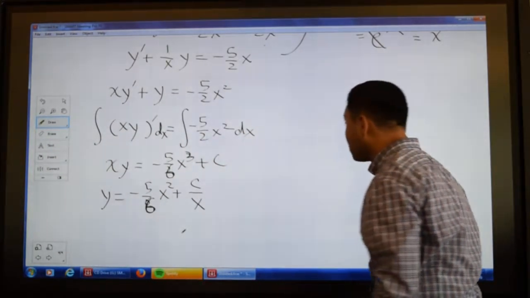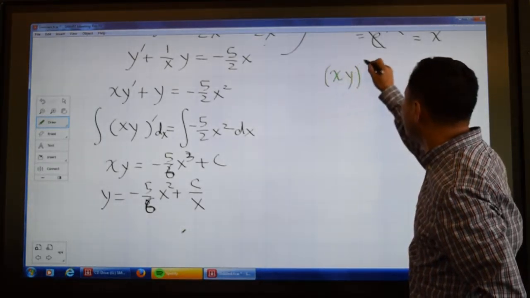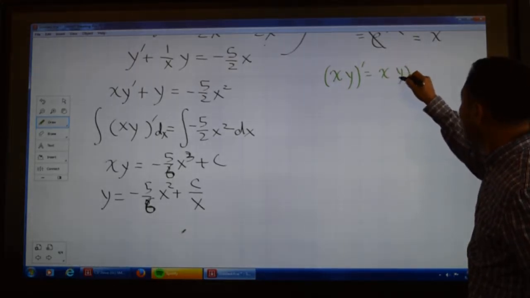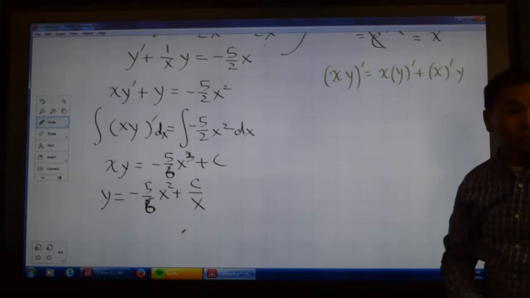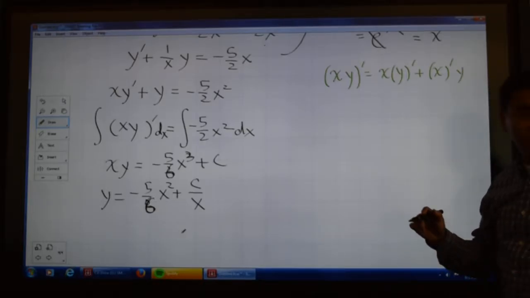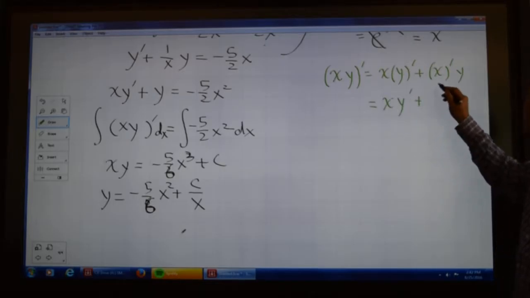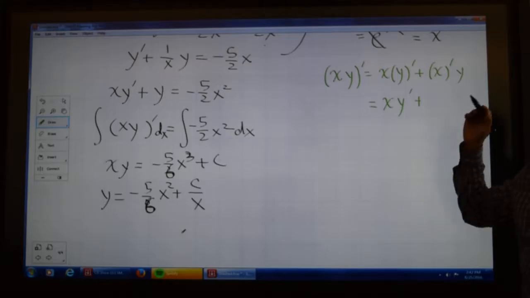Let me try to do that over here. If you have xy prime, the product rule says that's the product rule, right? Okay. What's x prime? What's x prime?